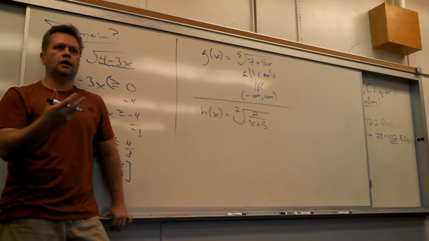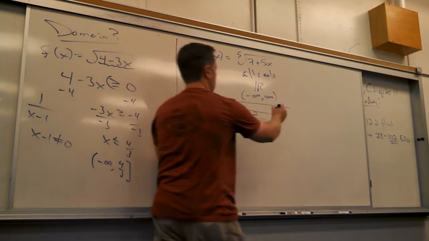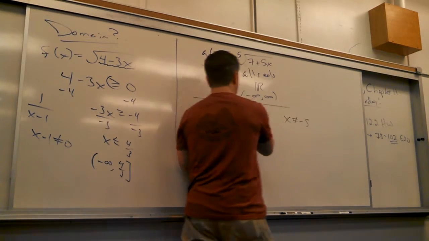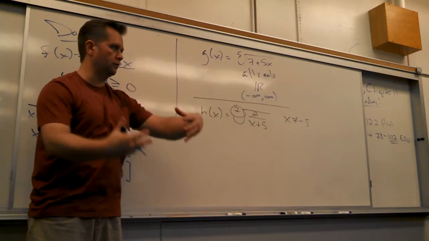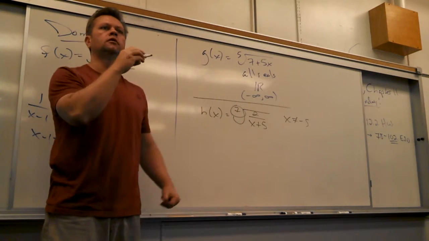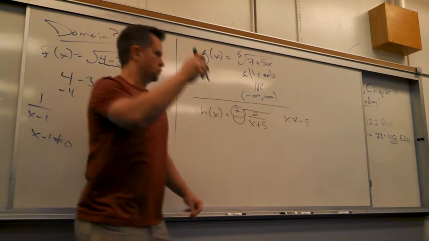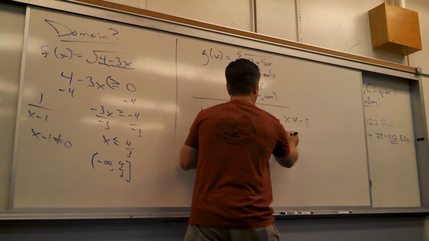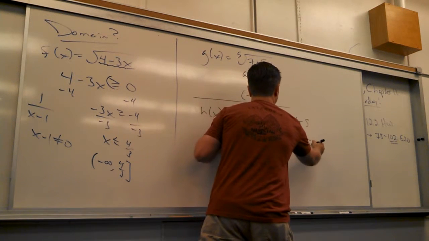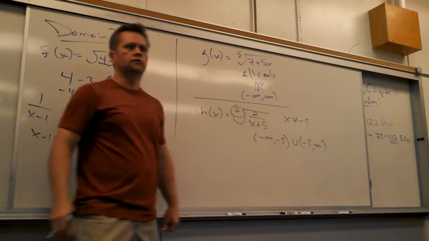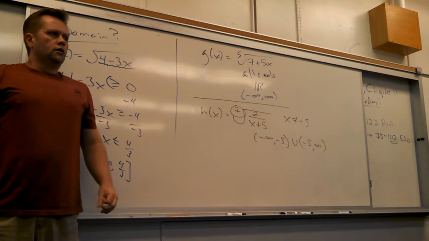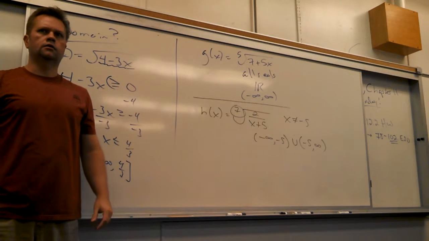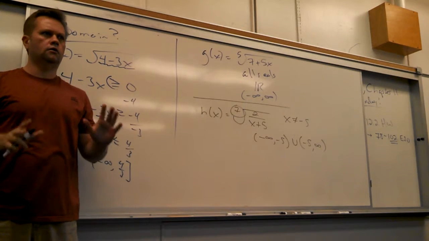In this case, x can't be negative 5. This root didn't add any restrictions. There was a restriction just because there's a variable on the bottom. I can't let that be 0. So it would be negative infinity to negative 5, not included, and then negative 5, not included, to infinity, because I want to skip negative 5. Sweet.